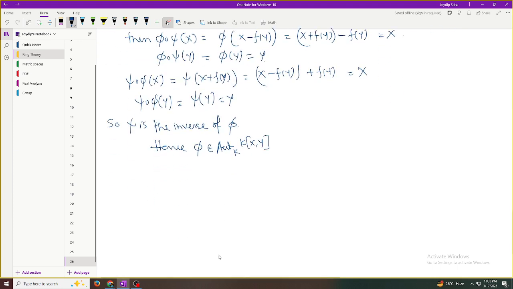Now let T be the subgroup of Aut k[x,y] generated by all tame automorphisms.